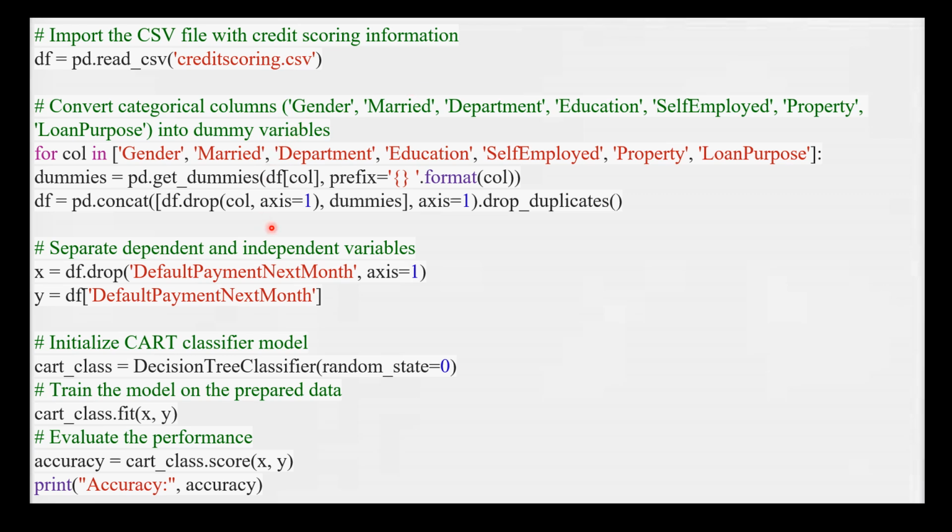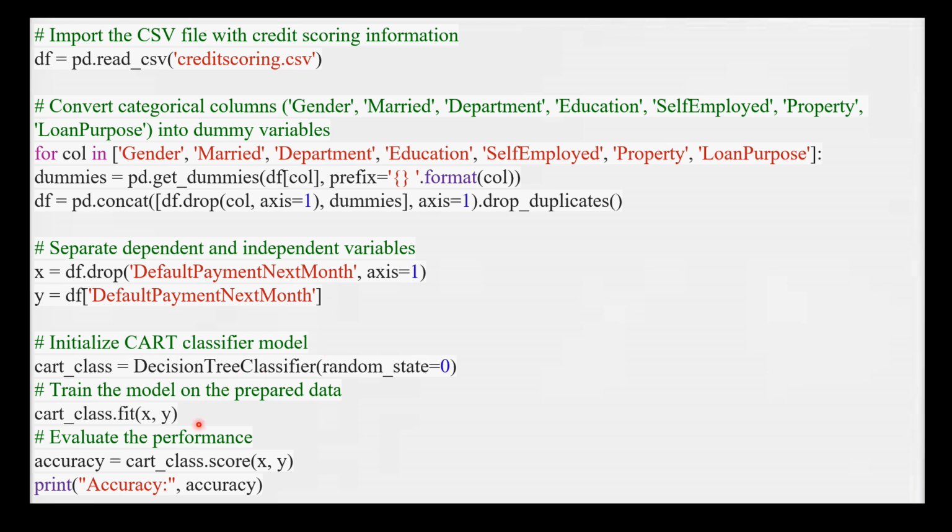Once we finish converting categorical variables into binary columns, we split the dataset into two parts: the independent variables, stored in a new data frame called X, and the dependent variable, stored in a series called y. After separating the independent and dependent variables, we initialize a decision tree classifier algorithm and set its random seed at 0 to ensure reproducibility.